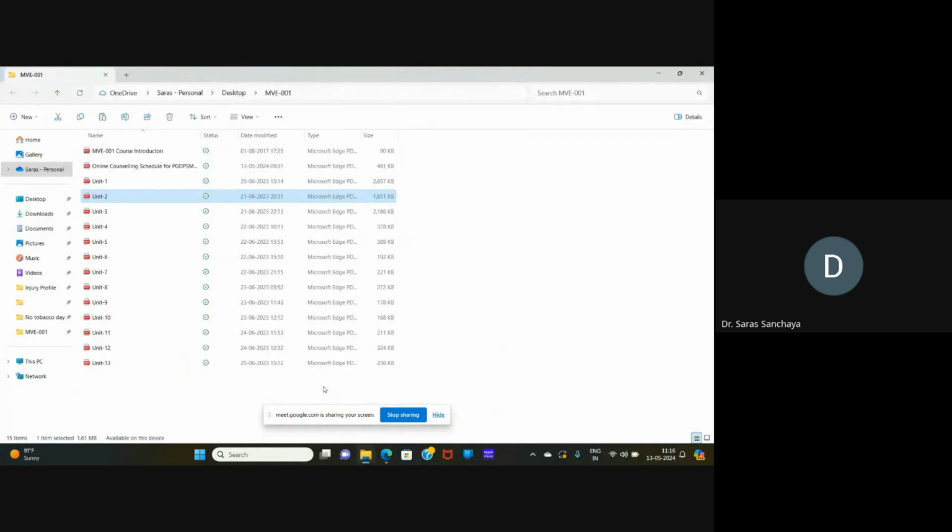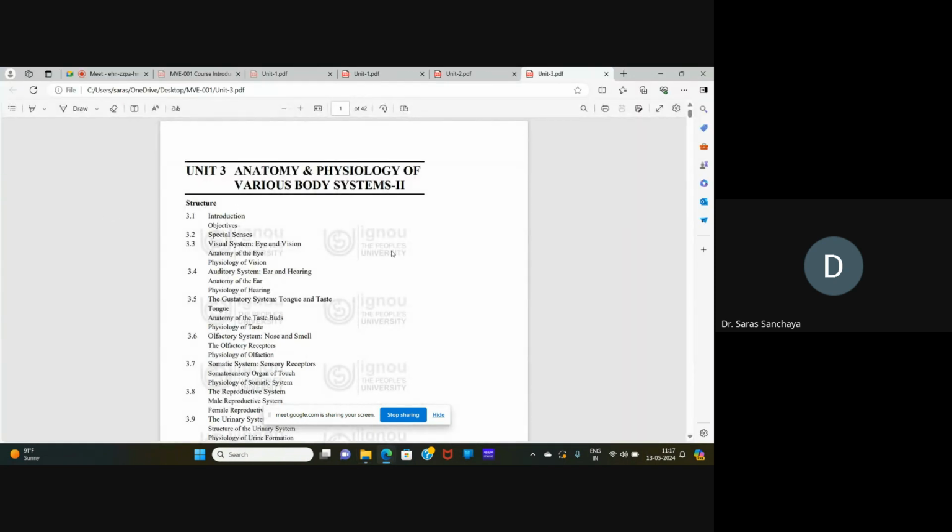Now this unit is also over. We'll start with the last unit which we'll study today, unit 3, which is anatomy and physiology of various body systems, part 2.